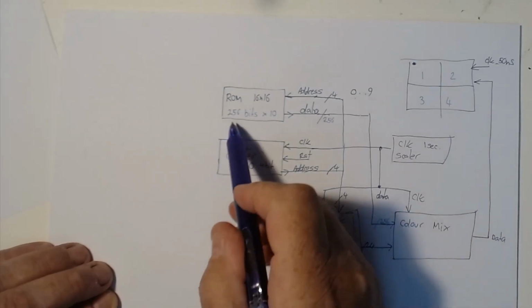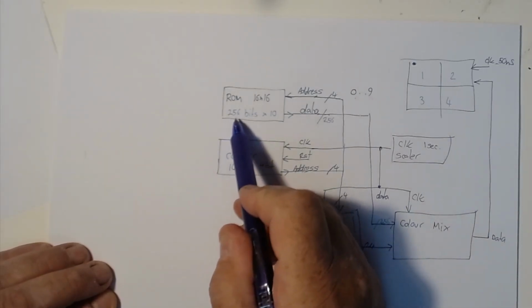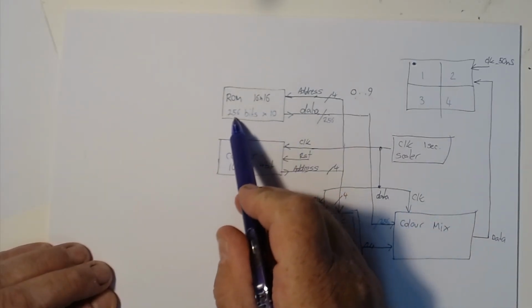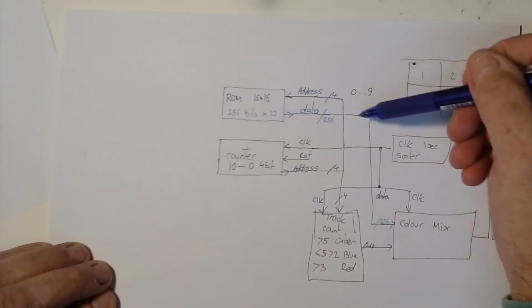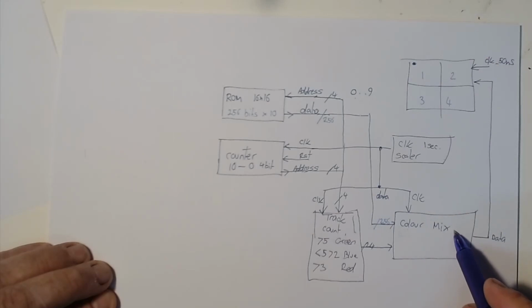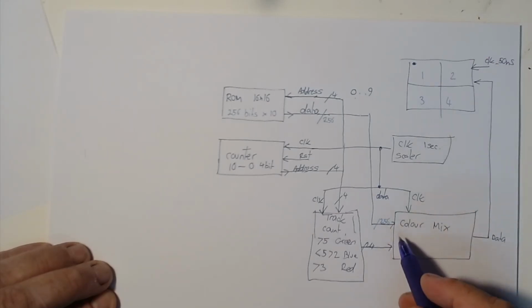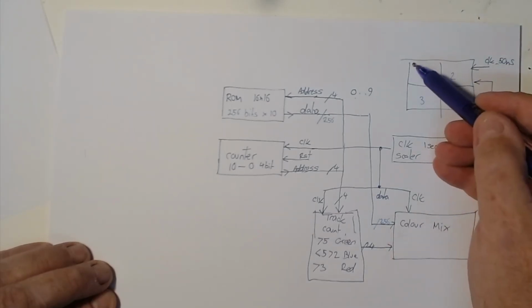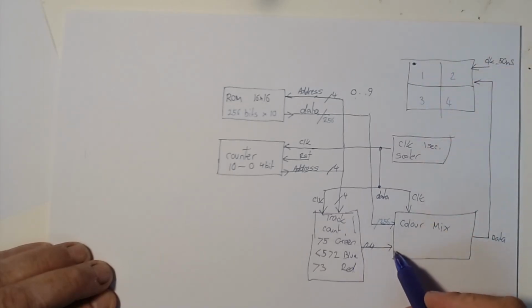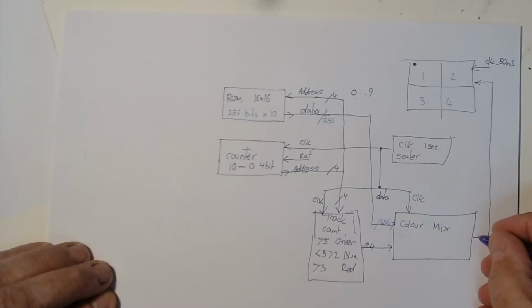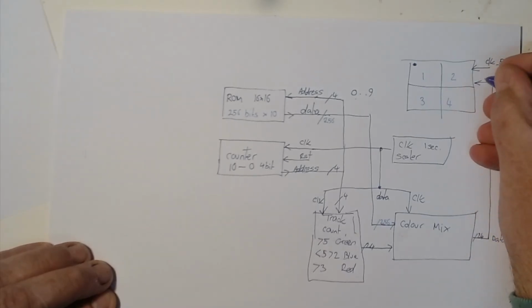So over here, my ROM needs to be 10 lots of 256 bits to give me my 16 by 16. So that data is going to come into my color mixer, and all I'm going to do is take the very first pixel, so whether it be a high or a low, I'm going to mix the color data onto it, and I'll send that out here as a 24-bit data bus.